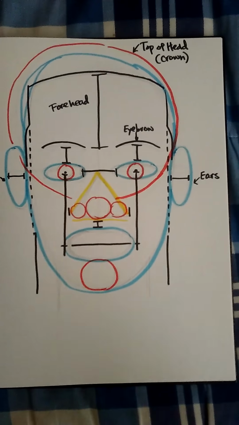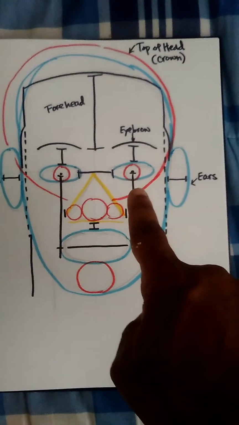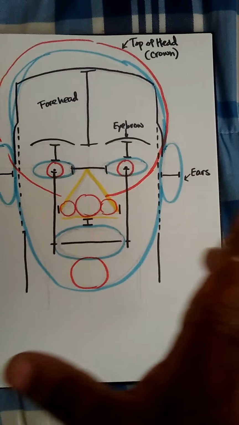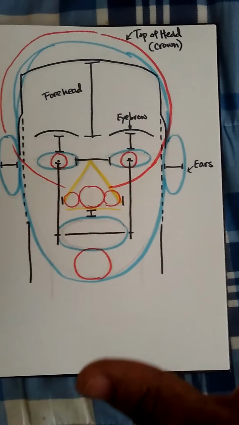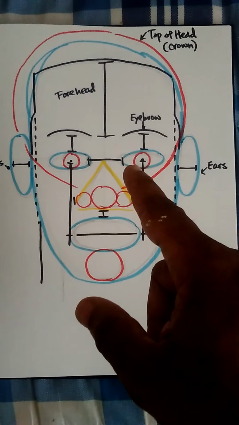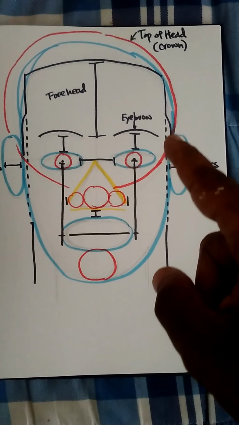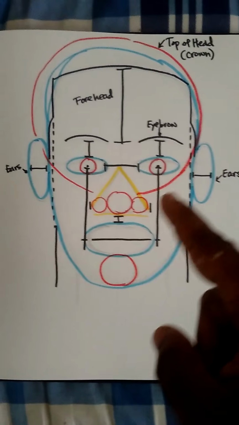Now, when you look at the rest of the face, you have the eyes. Just go to a mirror and look at your face, and you see that your eyes are pretty much ovals. Your ears are also ovals.